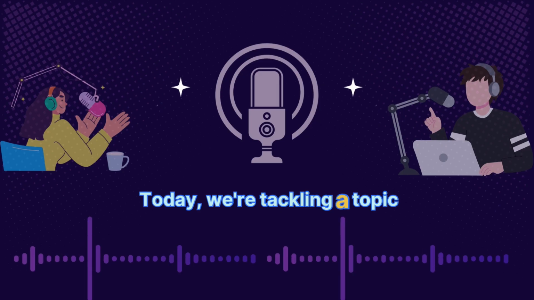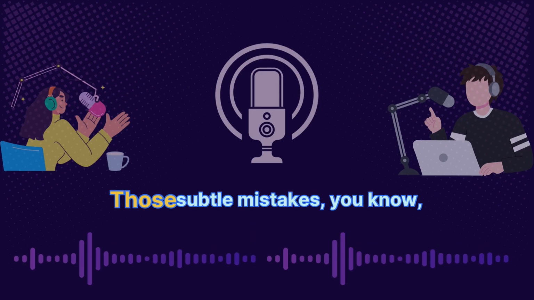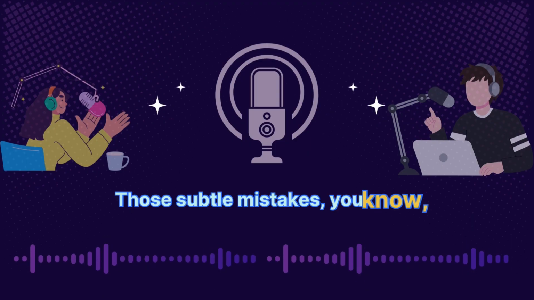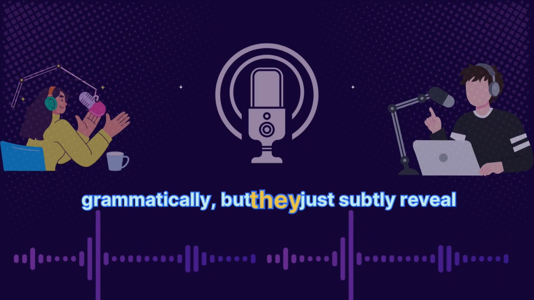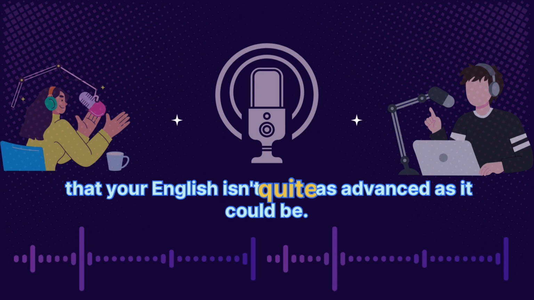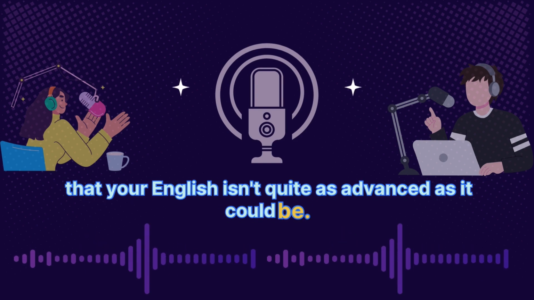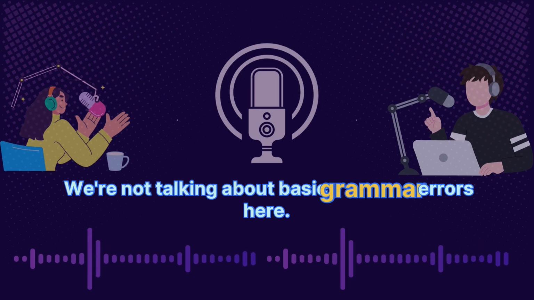Today, we're tackling a topic that many B2 learners find incredibly useful, those subtle mistakes. The ones that aren't necessarily wrong grammatically, but they just subtly reveal that your English isn't quite as advanced as it could be. Exactly. We're not talking about basic grammar errors here.